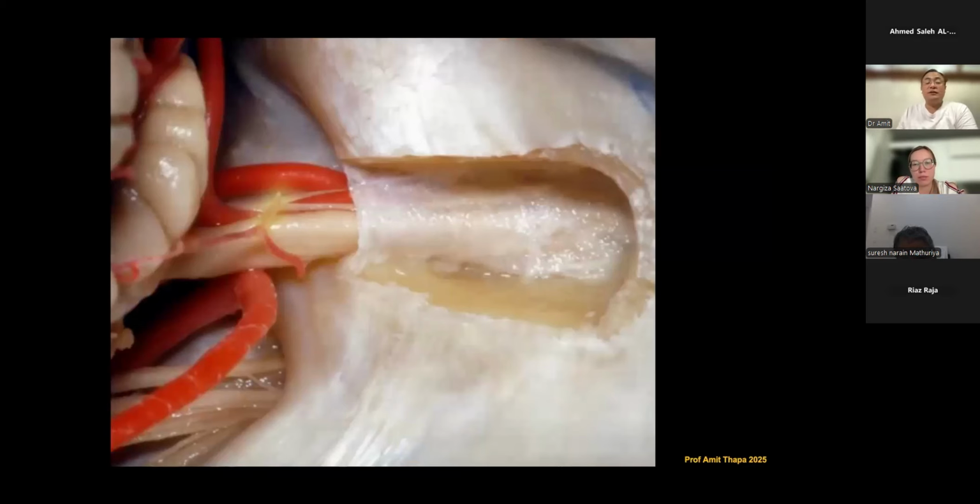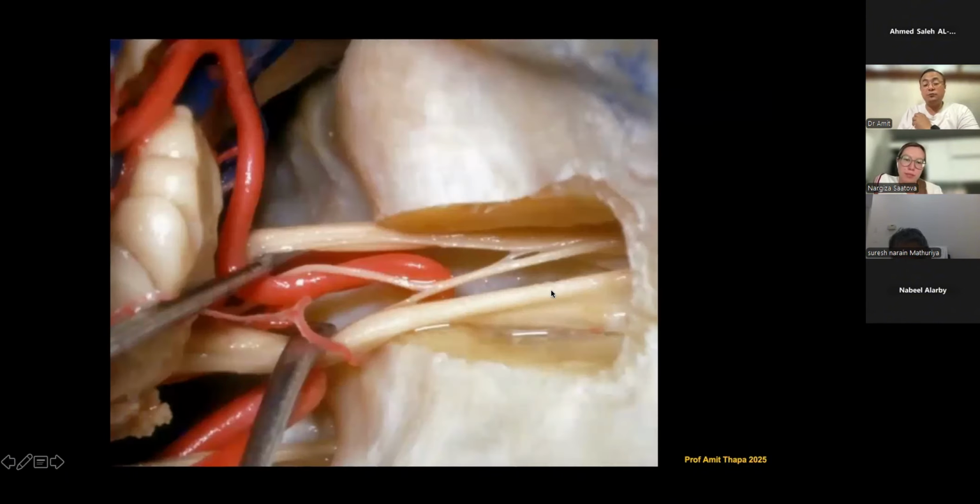Similarly, internal acoustic drilling is another important part, particularly for cases where the patient has a vestibular schwannoma. So you drill the lateral portion of the auditory meatus, and then we expose the superior and the inferior vestibular nerve as shown here. This is the facial nerve. This is the nervus intermedius, and then the cochlear nerve is underneath there.